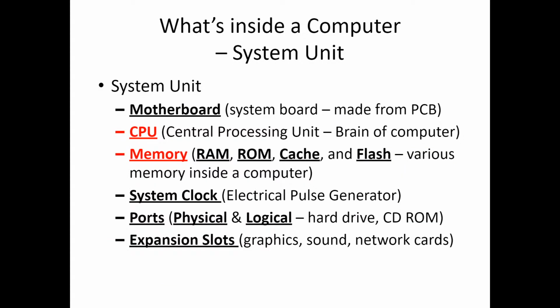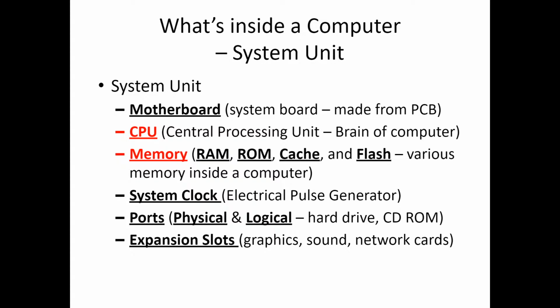So we learned that the CPU and the memory are the most important parts of the computer. The CPU is like the brain of the computer. It computes all of our binary calculations, and the memory stores all the data, whether this be the RAM or the hard drive.